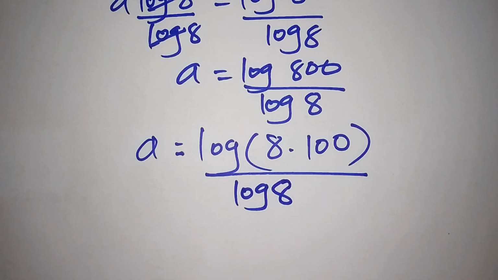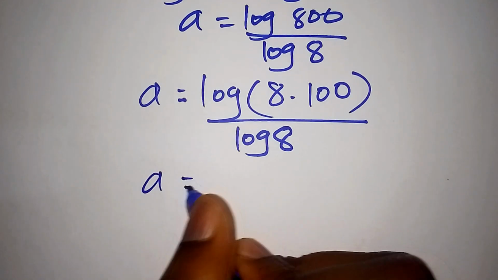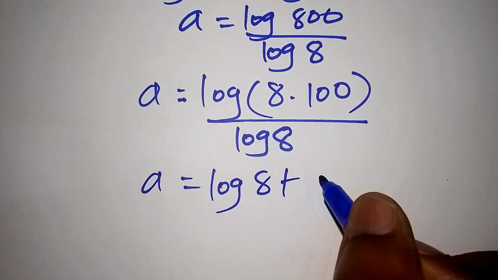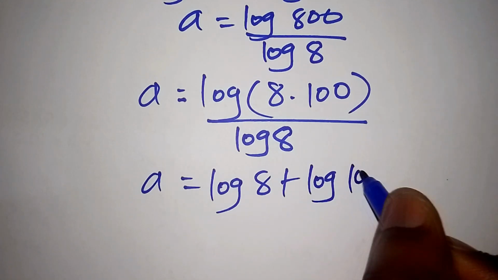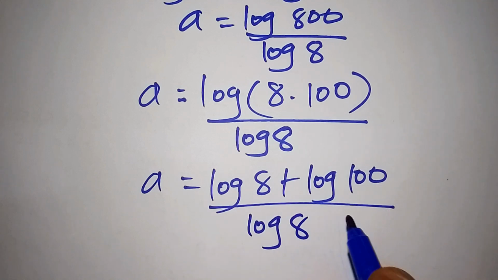So let's now split the equation by opening the bracket. When you open the bracket, we introduce an addition sign. So here we shall have a is equal to the log of 8 plus the log of 100, all over the log of 8.